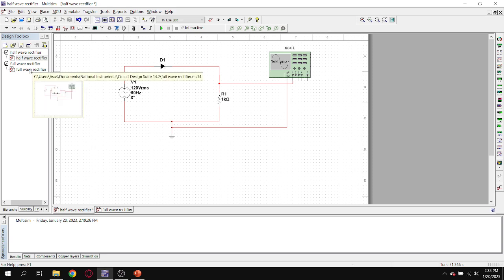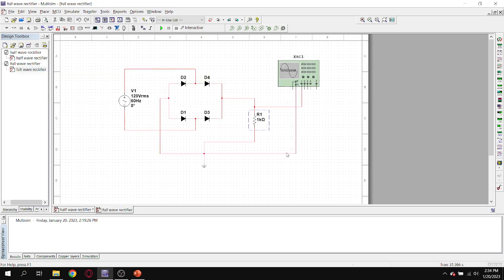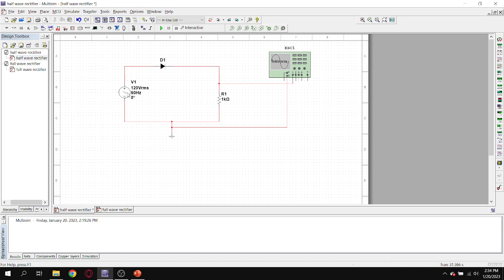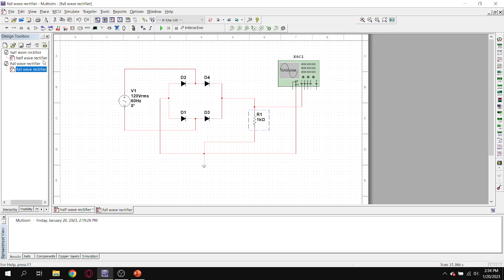So we have two circuits here. The one on top is the half wave rectifier circuit, and the one on the bottom is the full wave rectifier circuit. In these circuits, I'll be using an AC voltage source with 120 VRMS and 60 Hz frequency, and one diode for both. The difference between a half wave and full wave rectifier is the number of diodes.